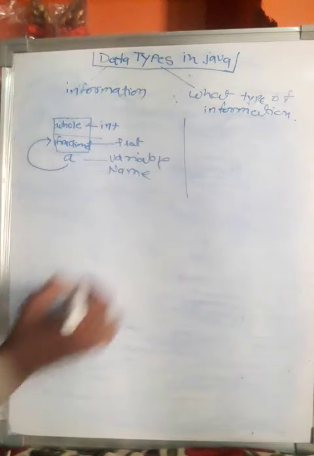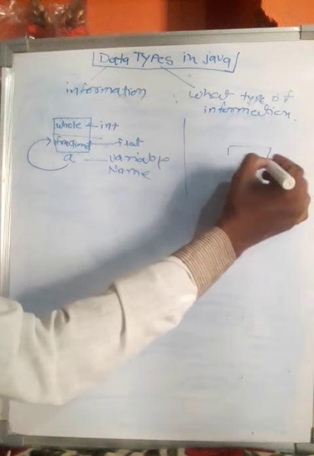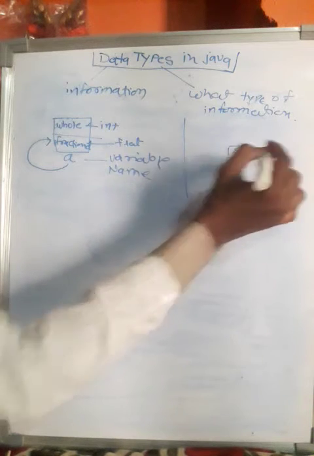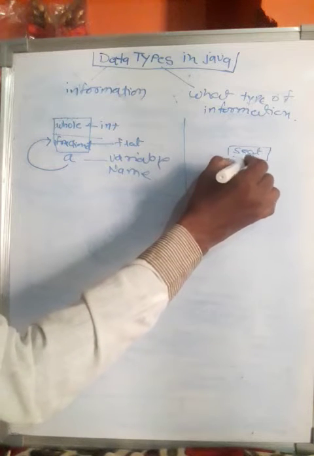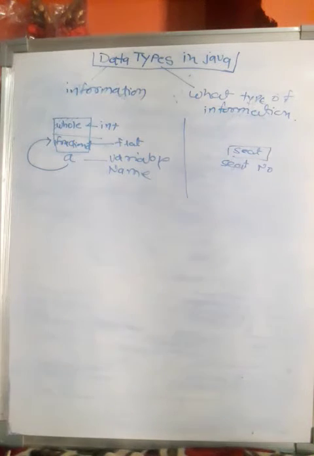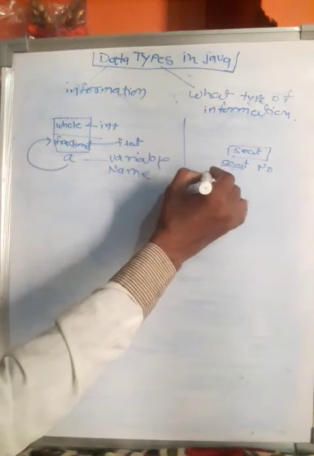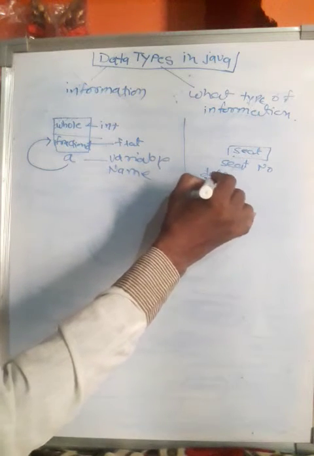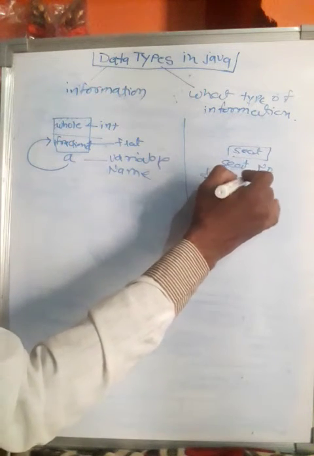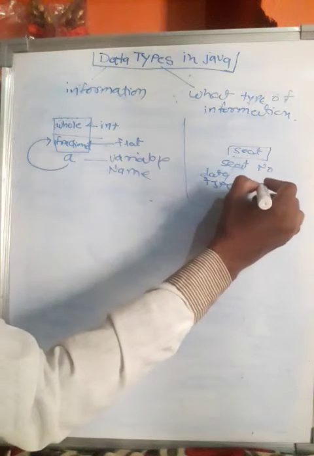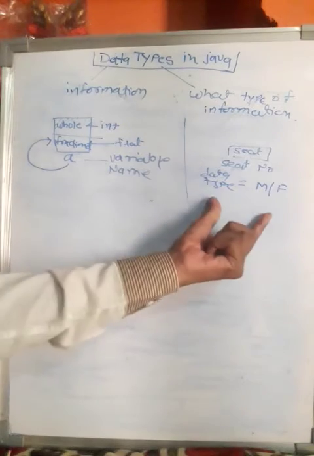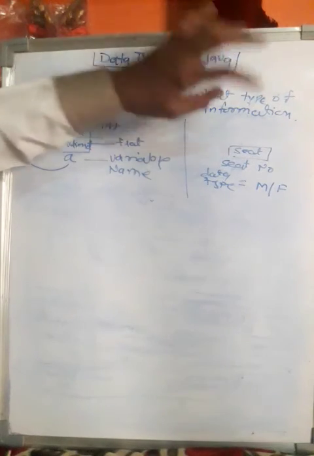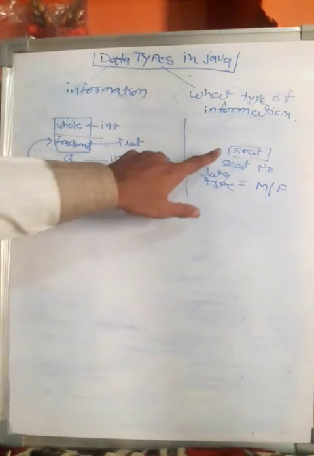In a real life example, this is a seat, meaning memory we have reserved, and the name is the seat number. Data type means which type of person, male or female, is allocated for this seat.